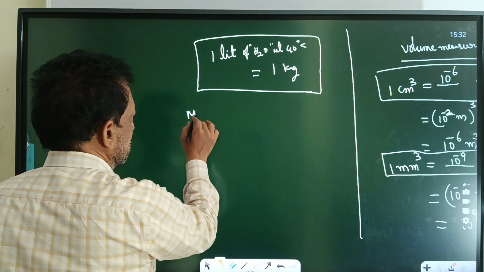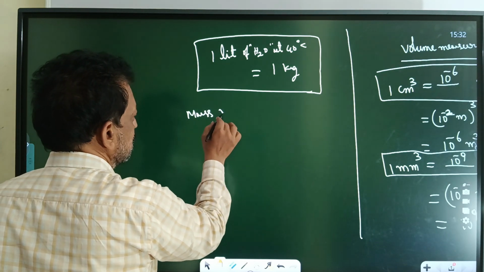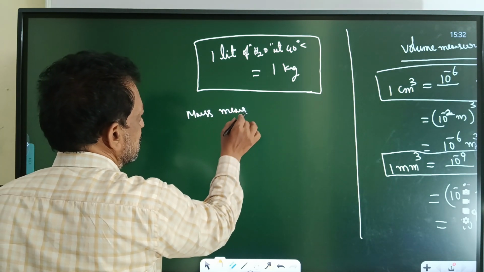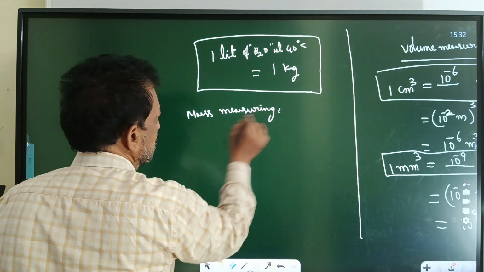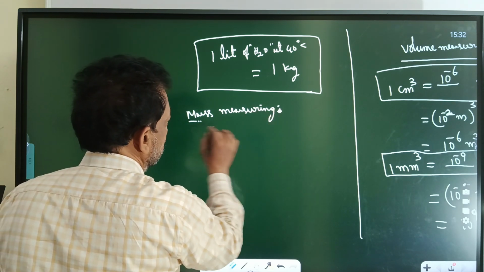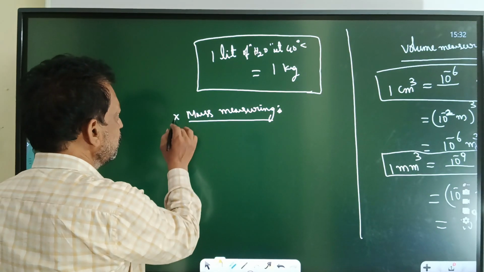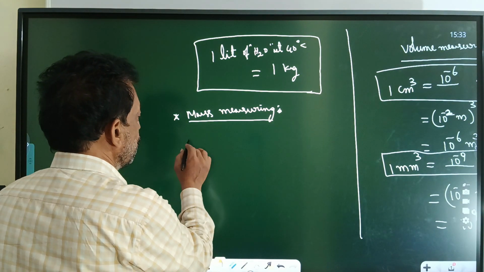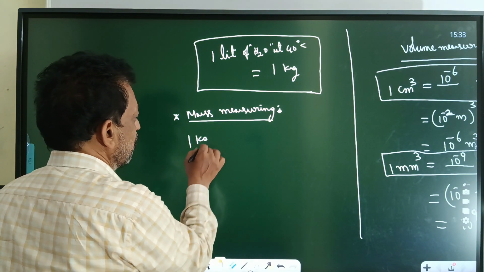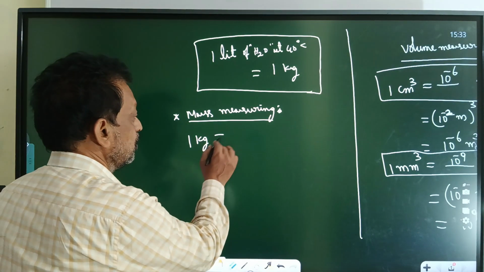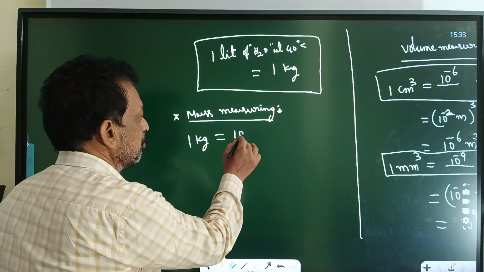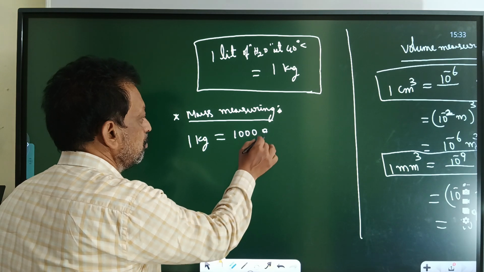Next, mass measuring. Now, 1 kilogram is equal to 1000 gram.